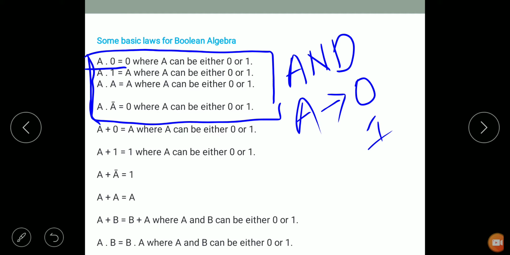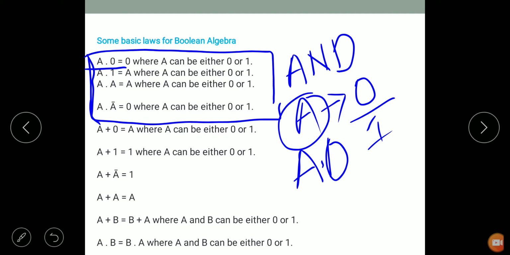First we take A dot 0. This law means that if one input of an AND operation is permanently kept at low level, that is 0, then the output is 0 irrespective of the other element.